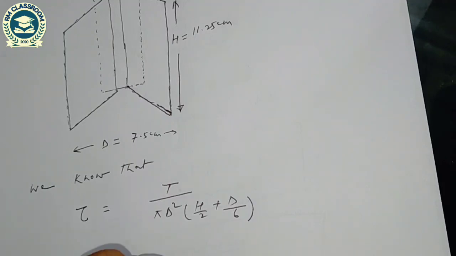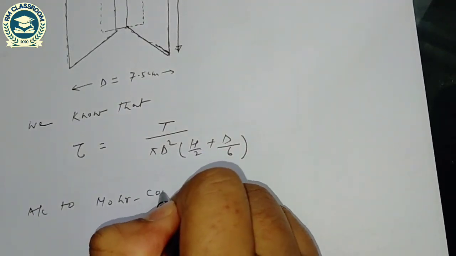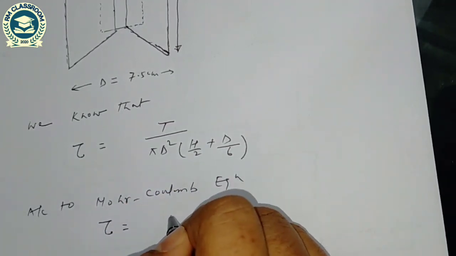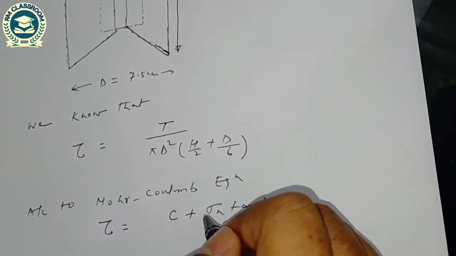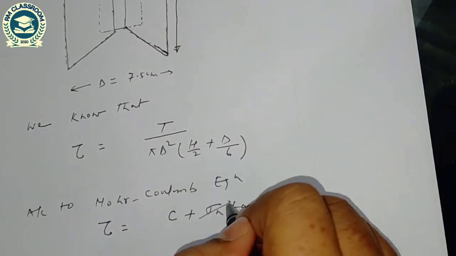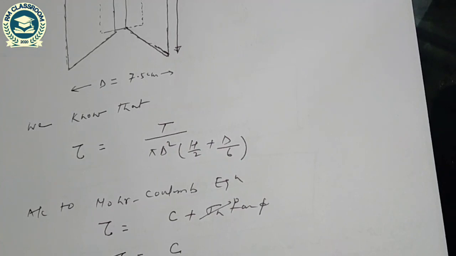And according to the Mohr Coulomb equation, shear strength is equal to C plus sigma n tan phi. Initially, when the shear test is performed on undisturbed soil, the normal stress at that time is 0, so shear strength is equal to the cohesion. So shear strength of the soil is equal to cohesion, and can be written as T by pi d square h by 2 plus d by 6.